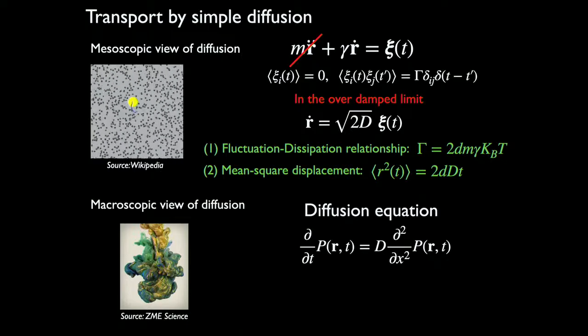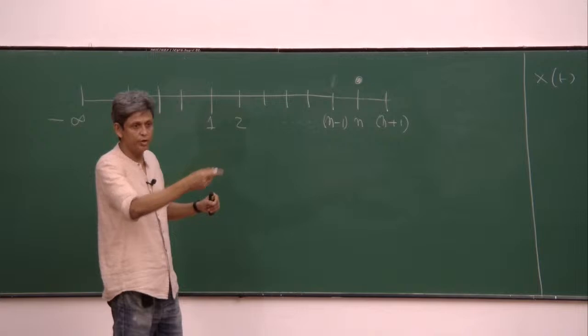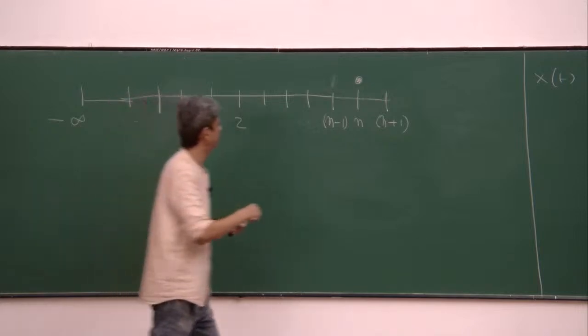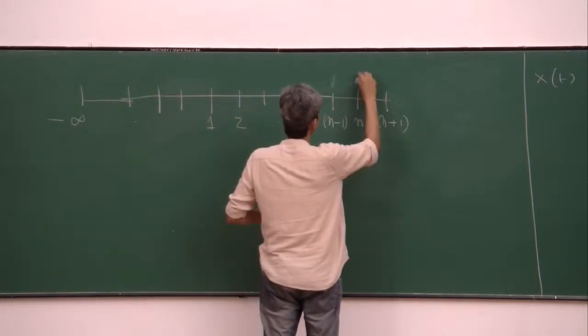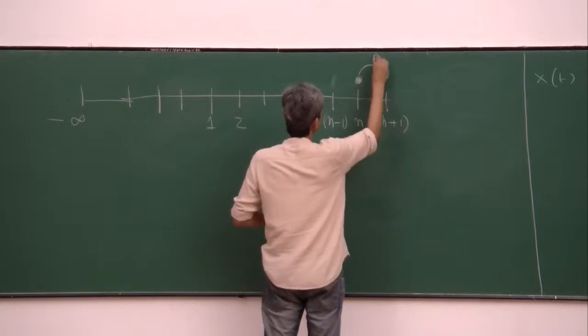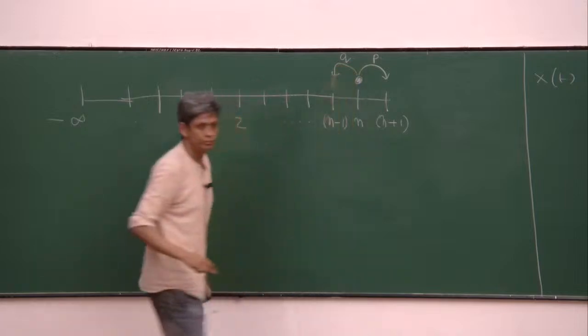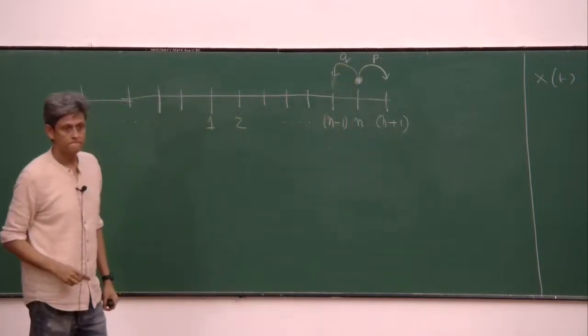Now the particle can hop to the right or hop to the left with some probability. Let's say it hops to the right with some probability p, and it hops to the left with some probability q. Okay?